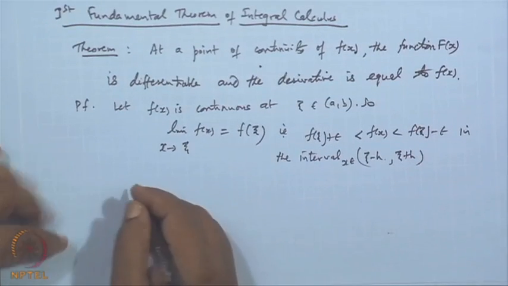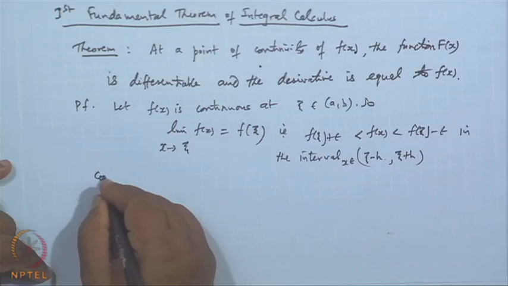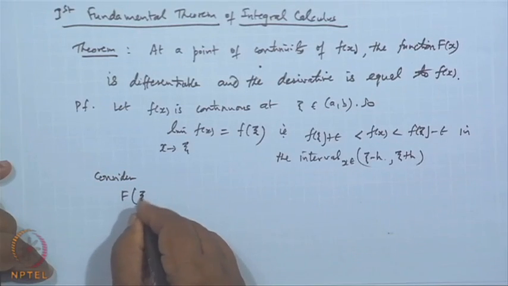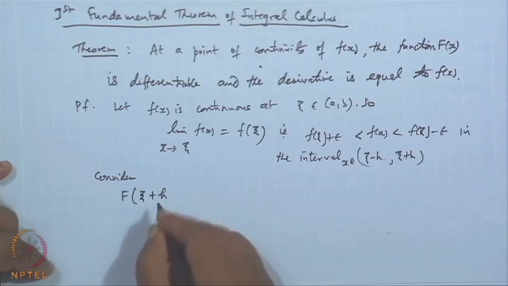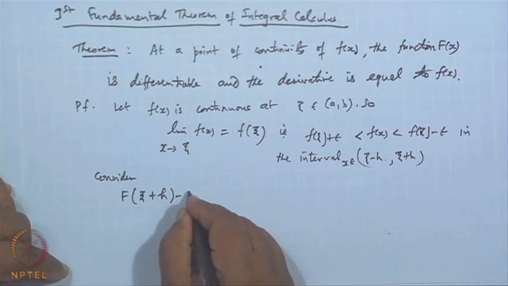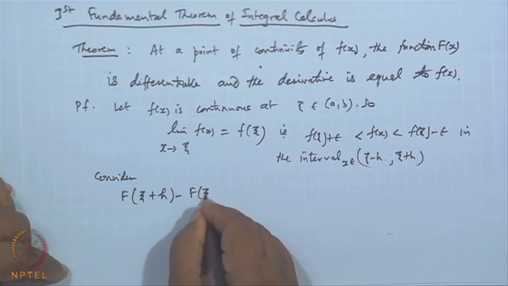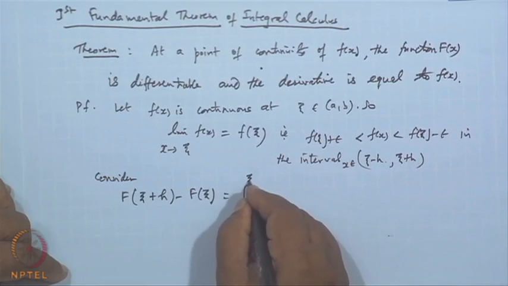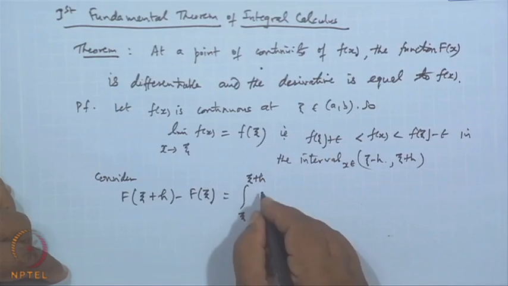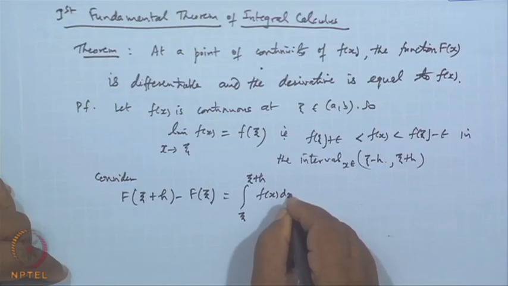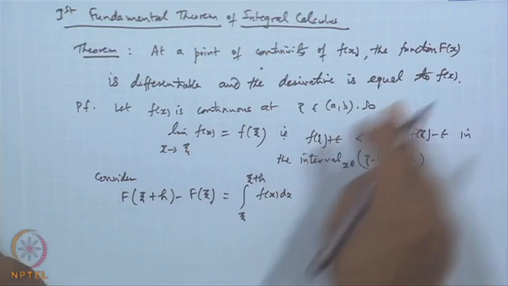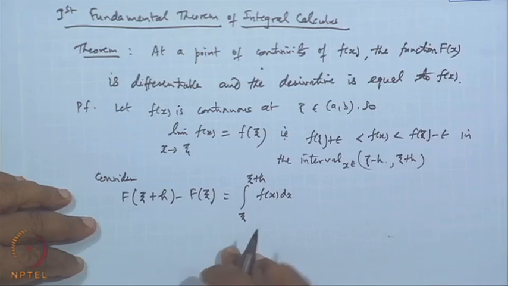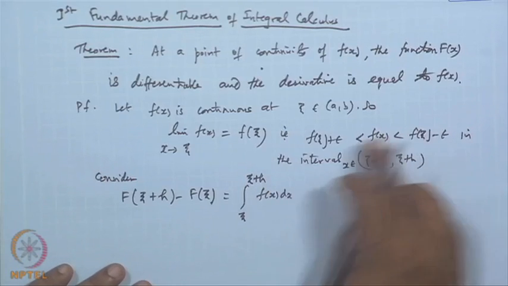Okay. Now, consider this f of x I plus h minus capital F of x I. Now, this will be the same as the integral from x I to x I plus h of f x, just by definition of the antiderivative in this indefinite integral we can use this. Now, this f x lies between these two bounds.